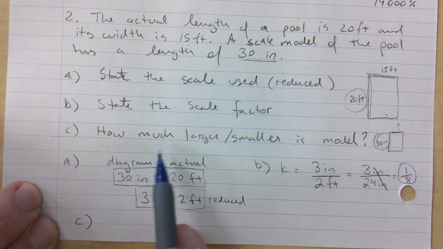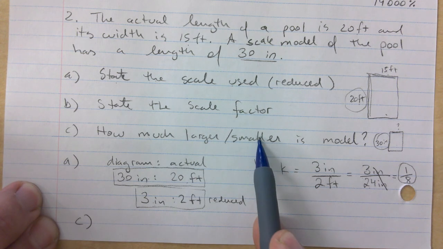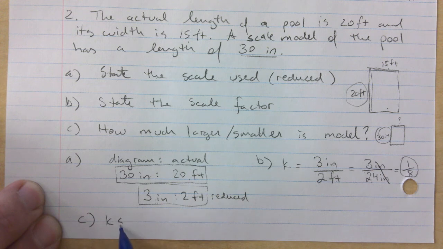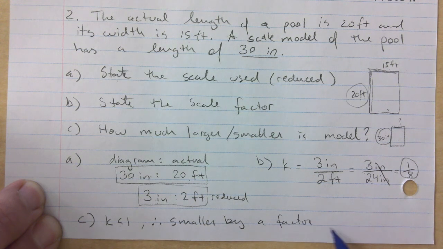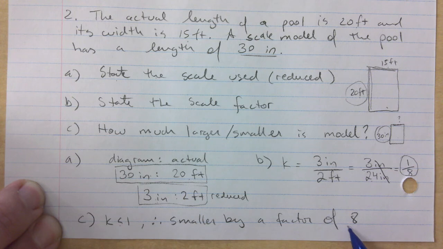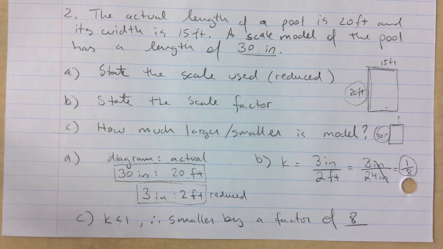C, how much larger or smaller is it? Well, K is less than 1, you can tell, right? Therefore, it's smaller by a factor of 8. Okay. So there it is.